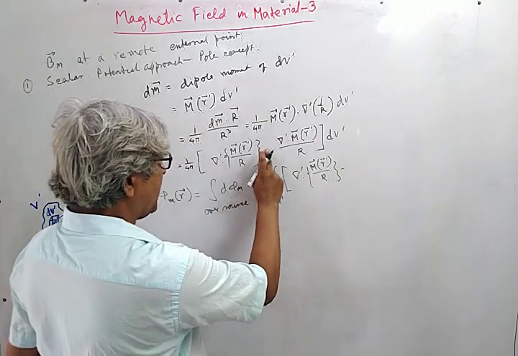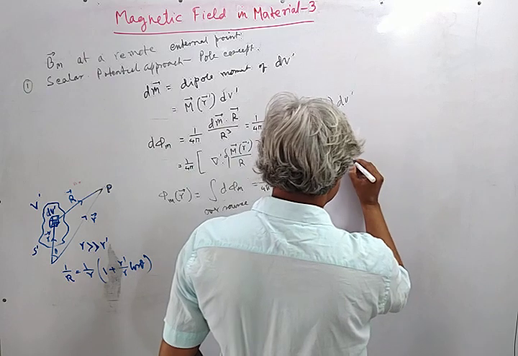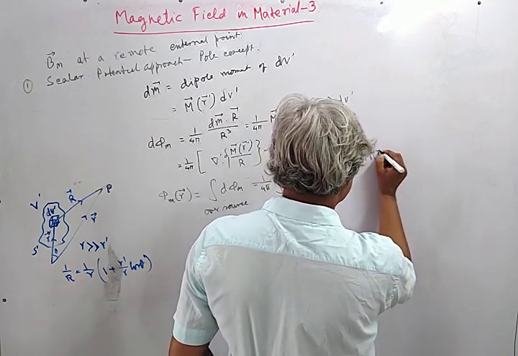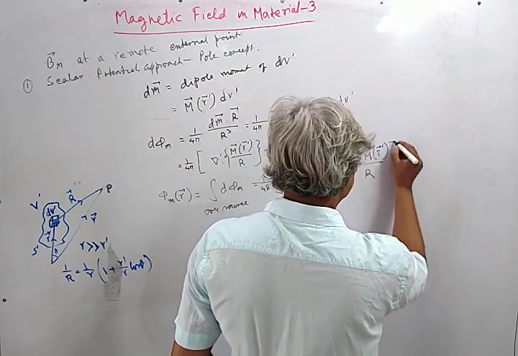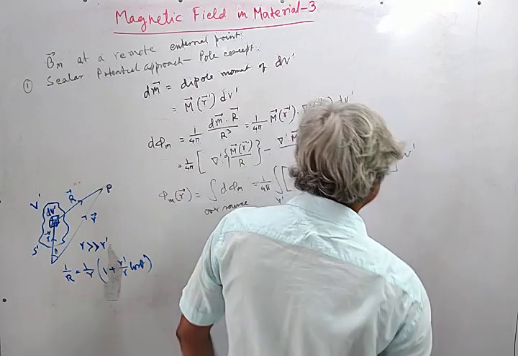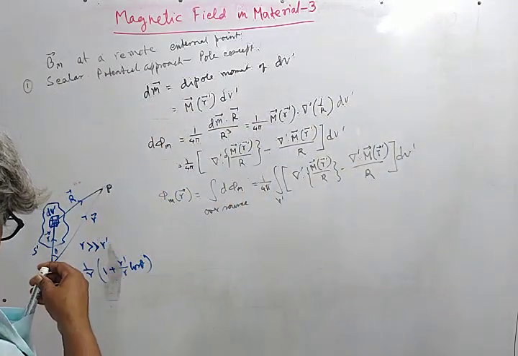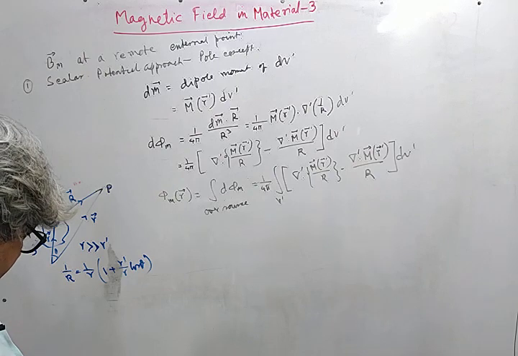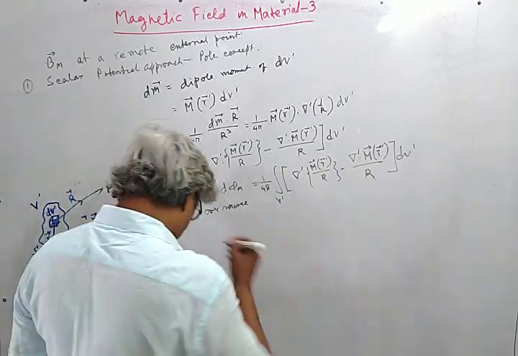This sign should be minus as it has to be subtracted. To the first term, we can use the divergence theorem to convert it into a surface integration. So let me convert the first using the divergence theorem into a surface integration.